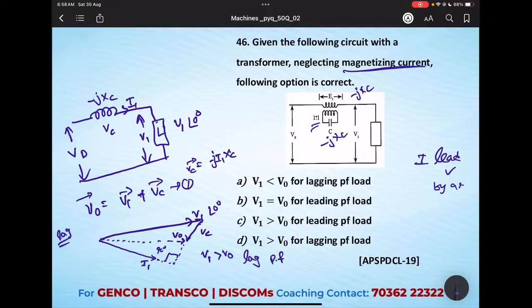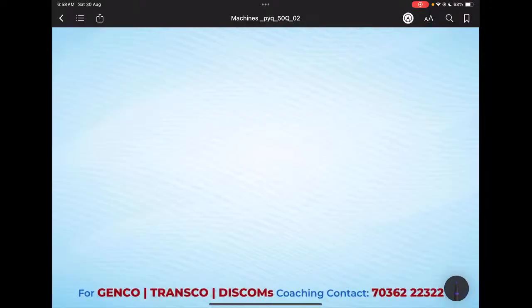Let's see about the leading power factor. Take the phasor V1 as a reference, and for leading power factor, the current I1 leads the voltage by some angle.